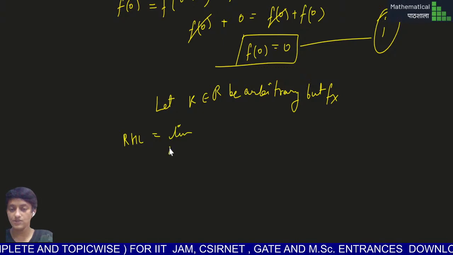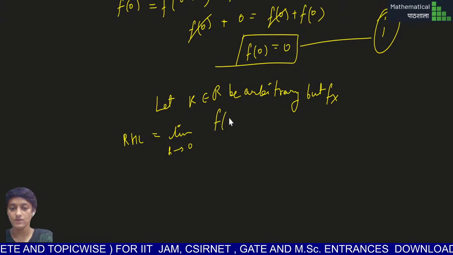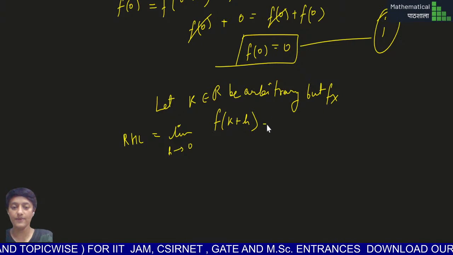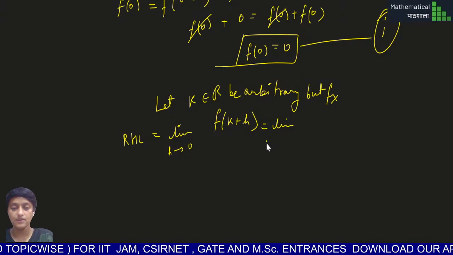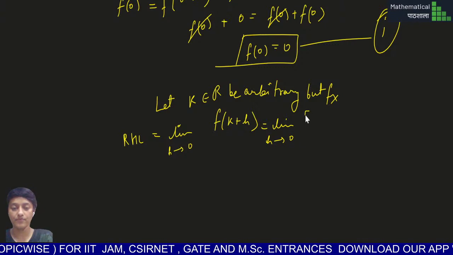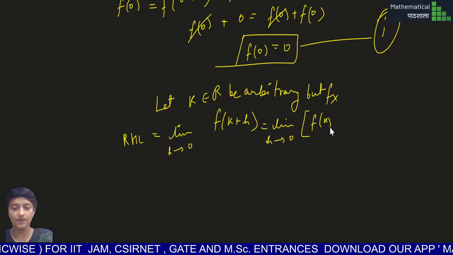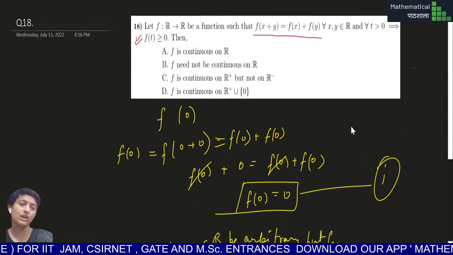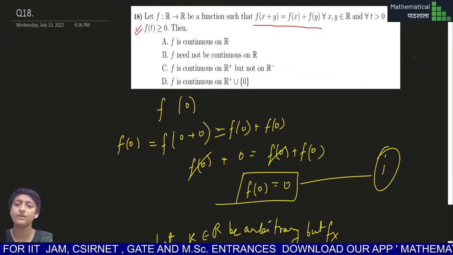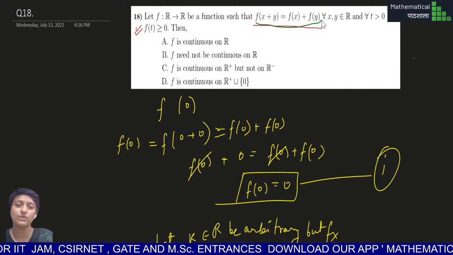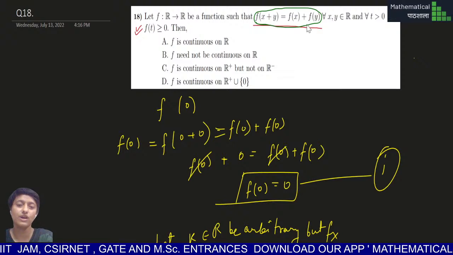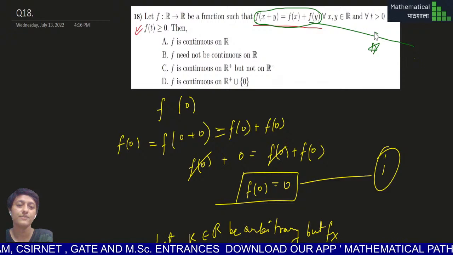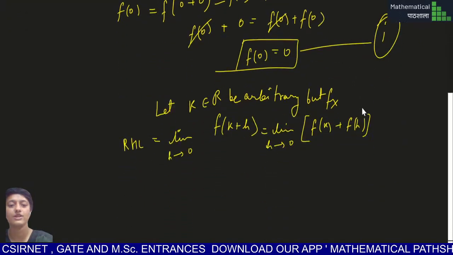Limit h tends to 0 of f of k plus h. It will be nothing but limit h tends to 0 of f of k plus f of h. Why? Because of the given equation. Equation 1 we have already used, so let us call this equation number star. This is our happy star.